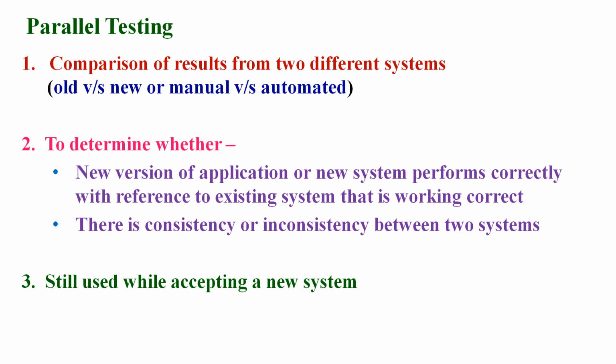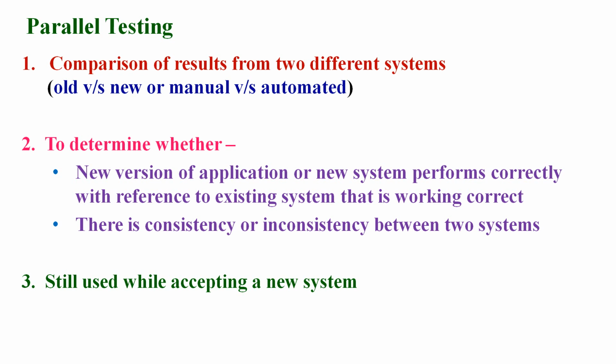That is the newer version. After adding these new features to the old system, it becomes the new version. Now we have to test whether this new version is working properly, and whether it is consistent with respect to the old version.